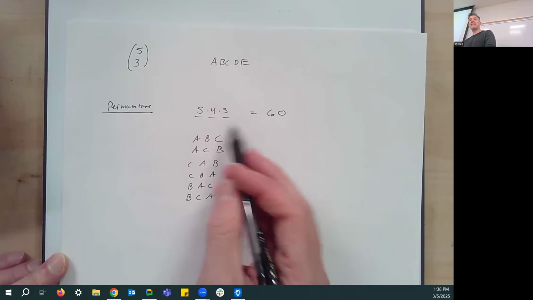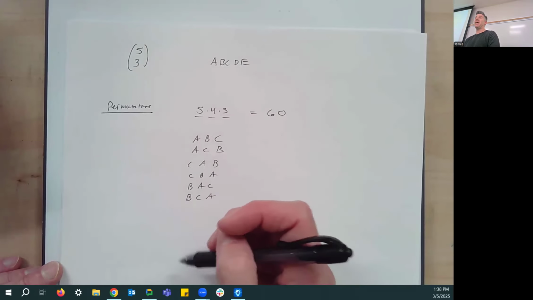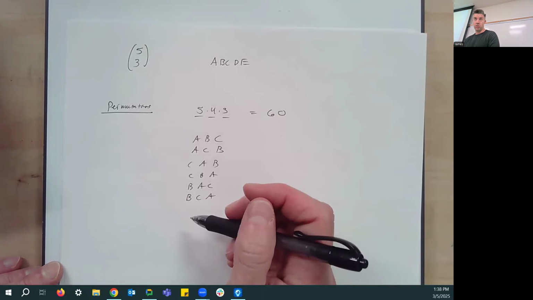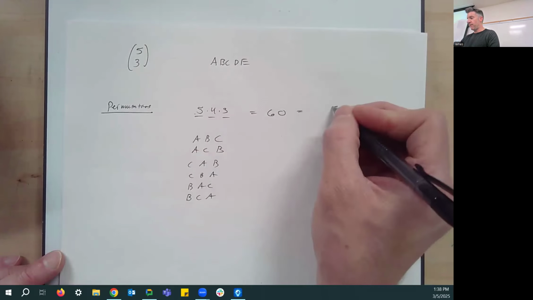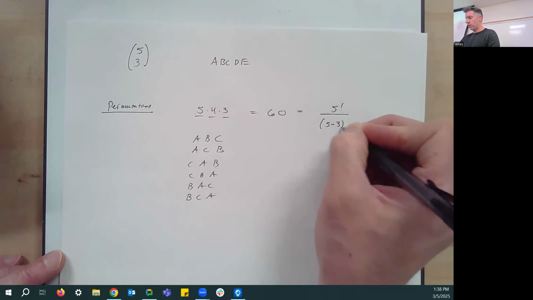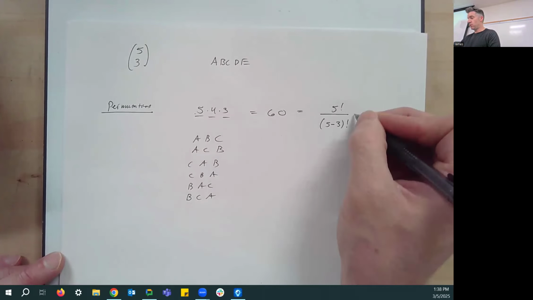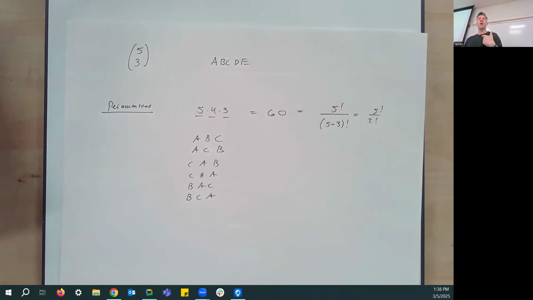And all 6 of these permutations count as the same combination. So this formula here, which is equal to 5 factorial divided by 5 minus 3 factorial, which is 5 factorial over 2 factorial, I'm overcounting by a factor of 6.